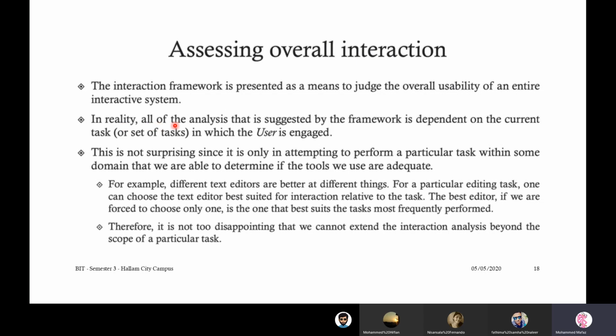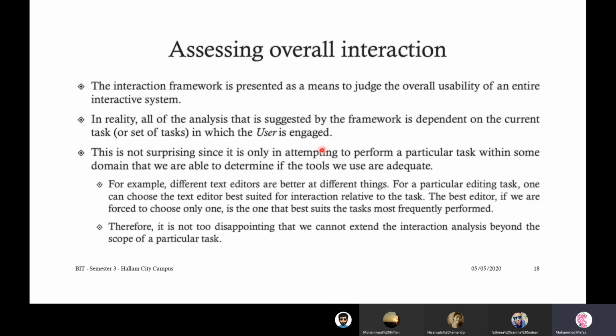In reality, all of the analysis that is suggested by the framework is dependent on the current task or set of tasks in which the user is engaged. This is not surprising since it is only in attempting to perform a particular task within some domain that we are able to determine if the tools we use are adequate.